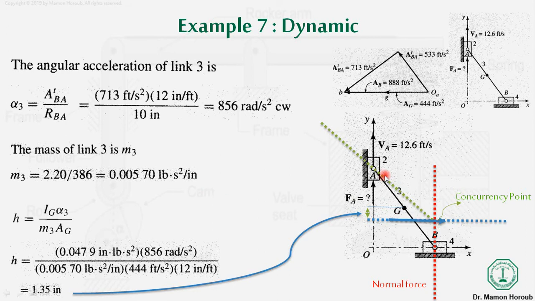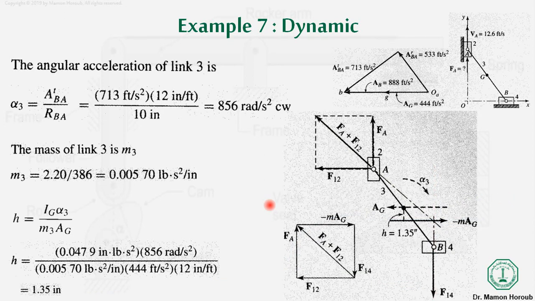Here we have two forces: one force is Fa in the vertical direction, and the other force actually acts from link 1, that is the ground link, on link 2. Okay, so we have the vertical force, and we have one force over here. Just see over here, in this body.